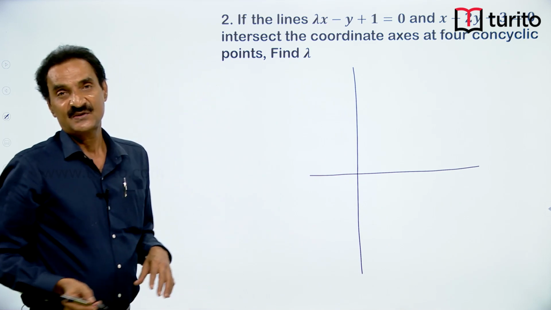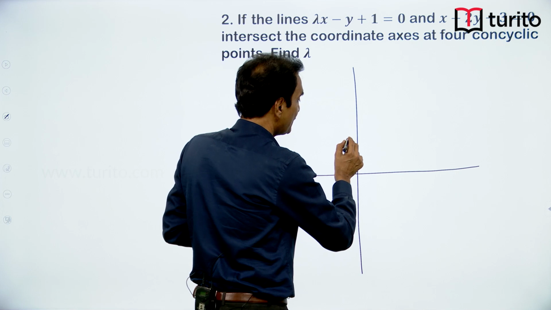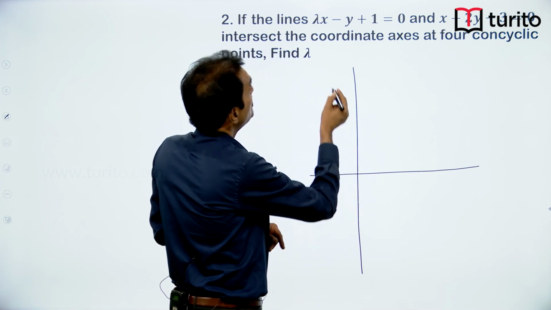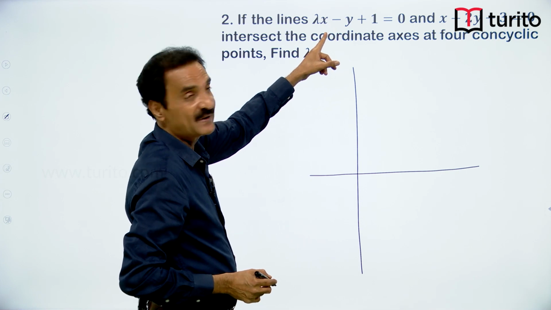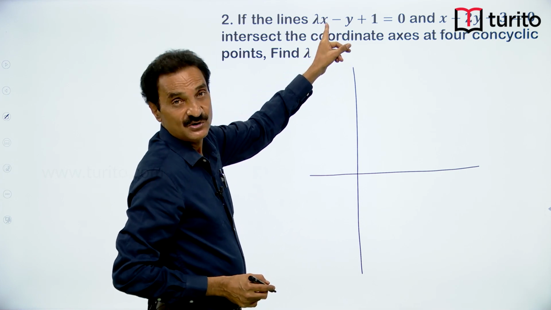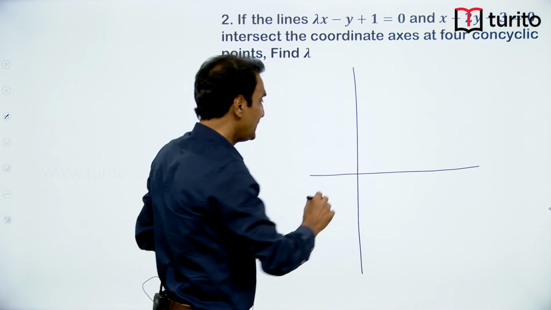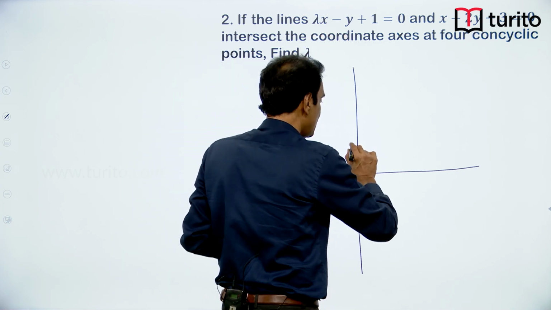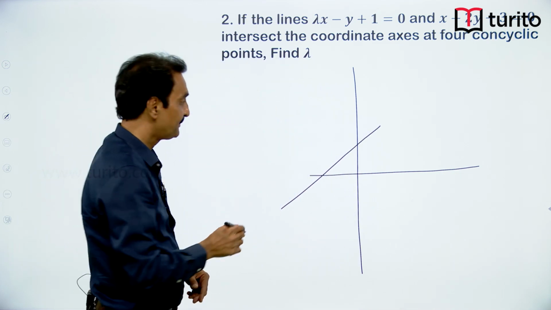If the coordinate axes are like this, what is the first line? Putting y = 0, the x-intercept is −1/λ, and the y-intercept is 1. Y-intercept is 1 means it passes through this point. So, let us take that line like this.